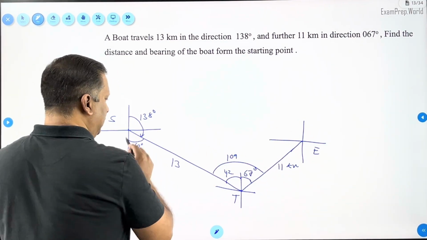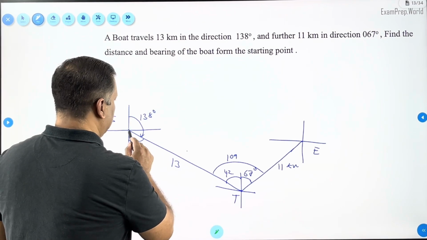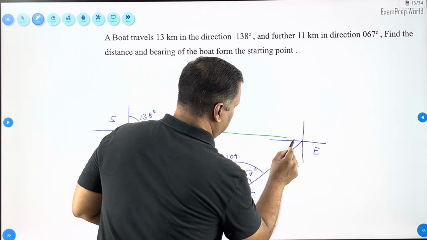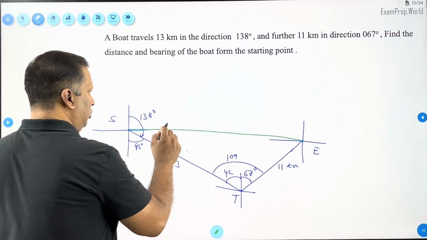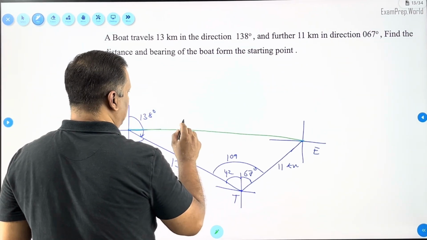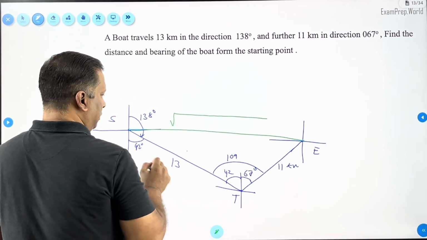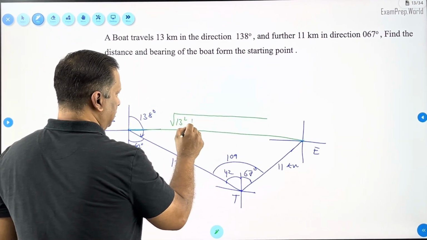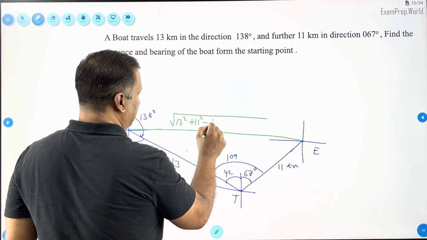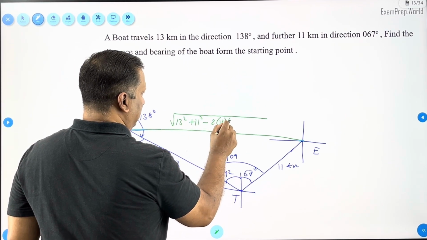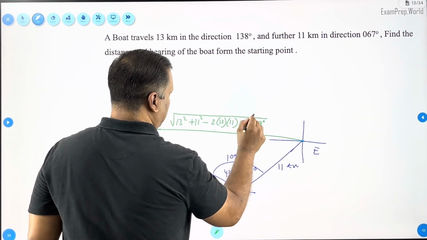So the only thing you have to find now is this distance, side SE. How will you do it? Once again the cos rule. This is the thing you have to find, so it will be equal to the root of 13 square plus 11 square minus 2 times 13 times 11 times cos of 109 degrees.